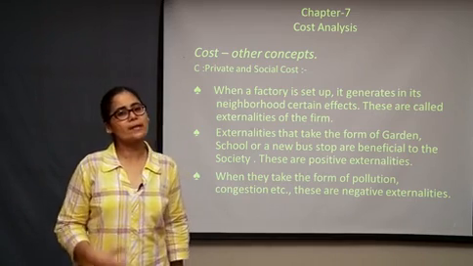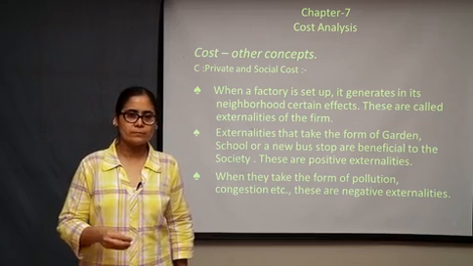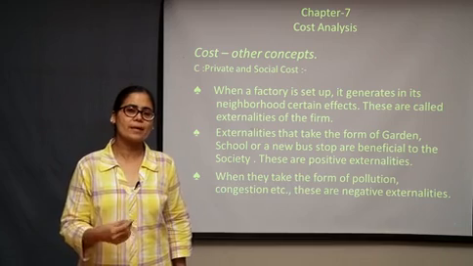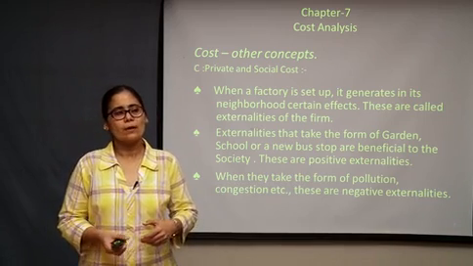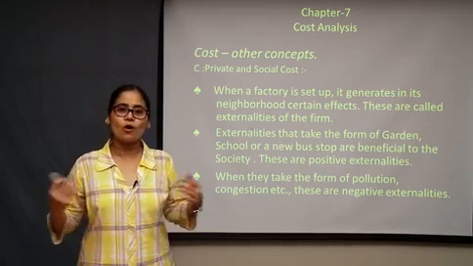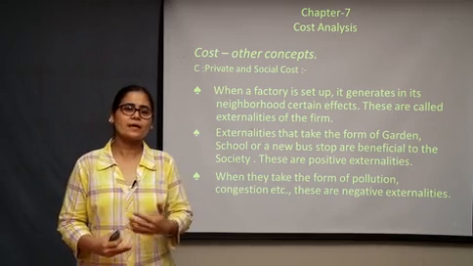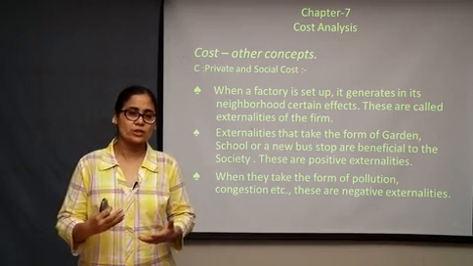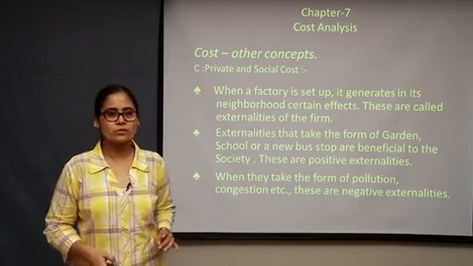The second way of understanding private cost is the cost incurred by the firm for the decisions made by the firm itself. So if a company tries to bring in updated technology, or wants to change the office infrastructure, then the cost they incur in the reconstruction and rebuilding of the office will be considered private cost.